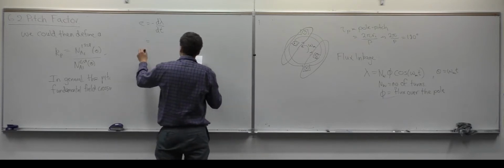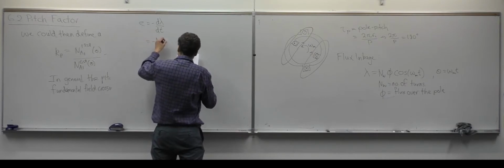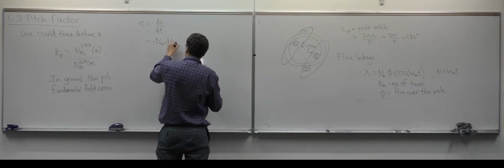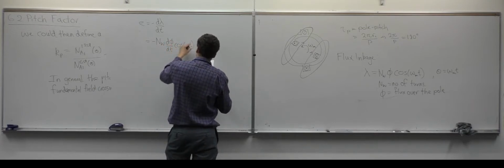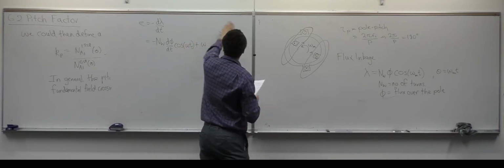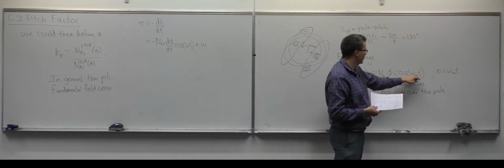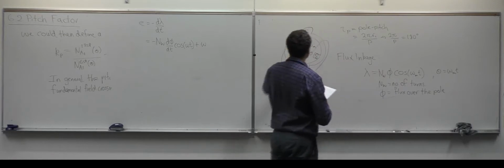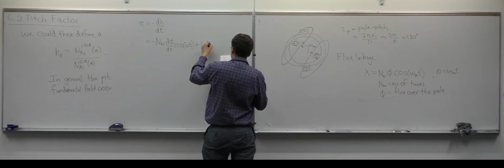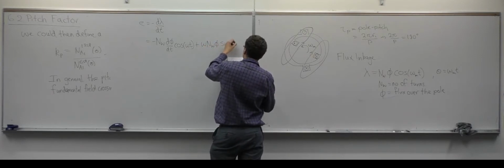We'd end up with two terms: the change in flux with respect to time times cosine omega t, plus the change in the position. This gives you the physical position of the rotor with respect to the stator, and the second term is the speed voltage term.